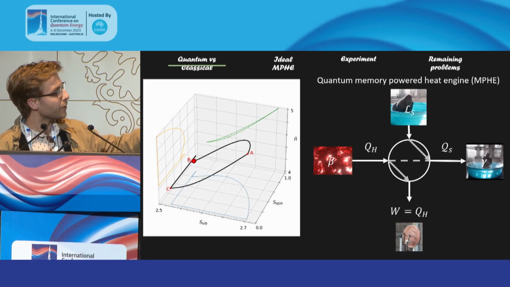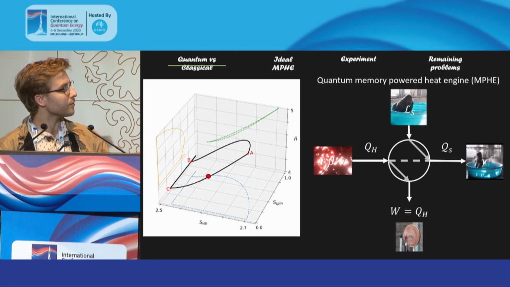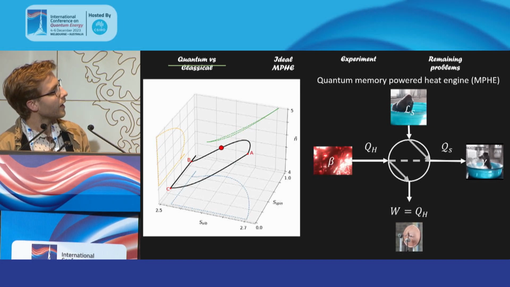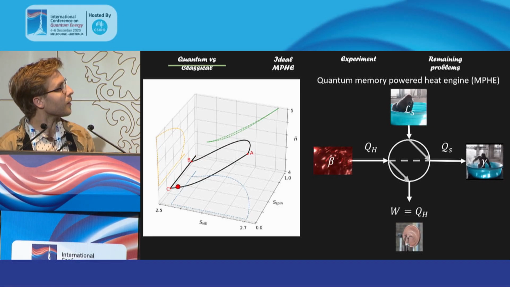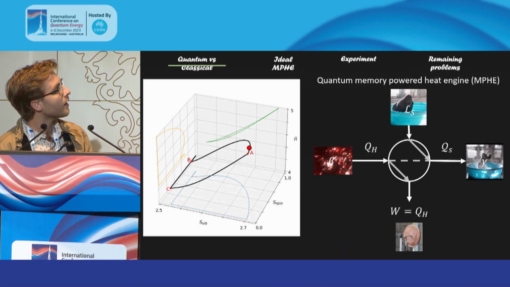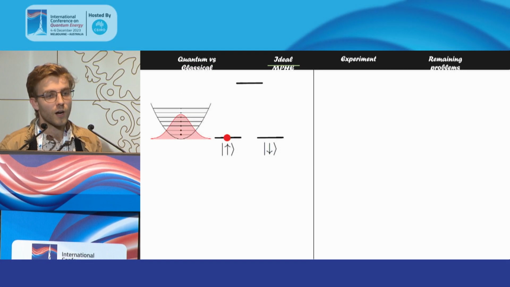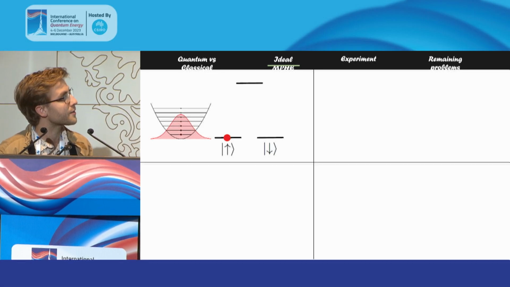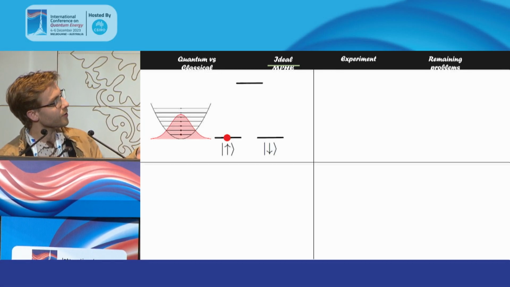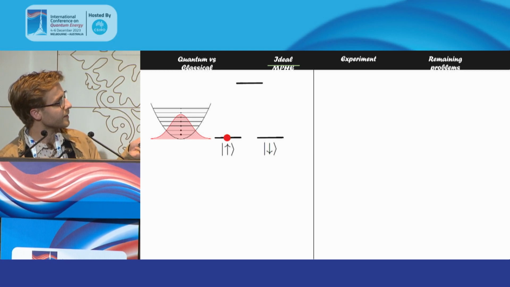So this sort of follows a similar diagram to the PV diagram, but it's 2 entropy baths and a heat bath, and I'll come back to where this simulation comes from. So in the ideal model, we have an ion with a 3-level lambda system, 2 near degenerate ground states, and 1 excited state.